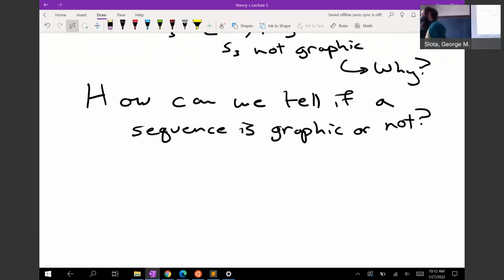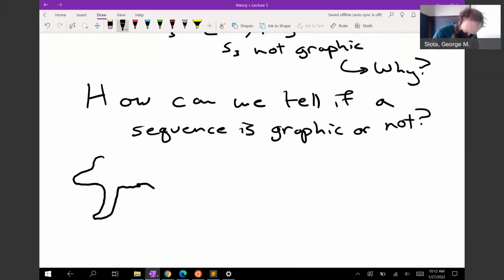So I'd like to introduce you to one of the big dogs of graph theory. Always enjoy drawing one of the big dogs. This is actually one of my better ones, to be honest.